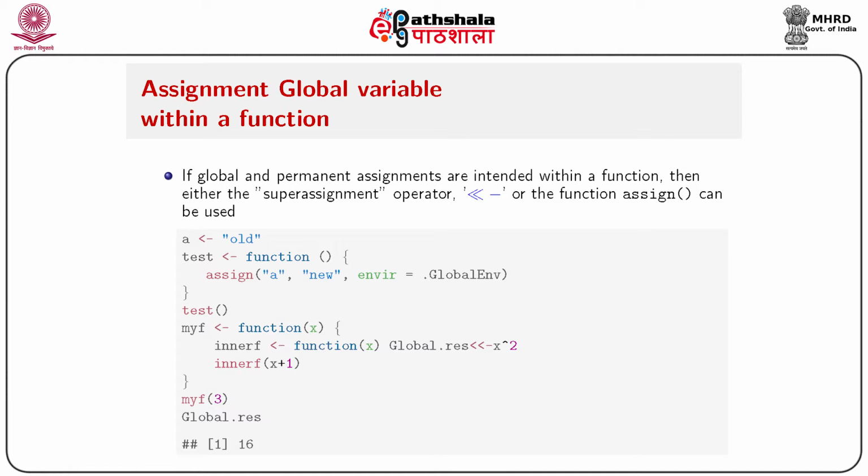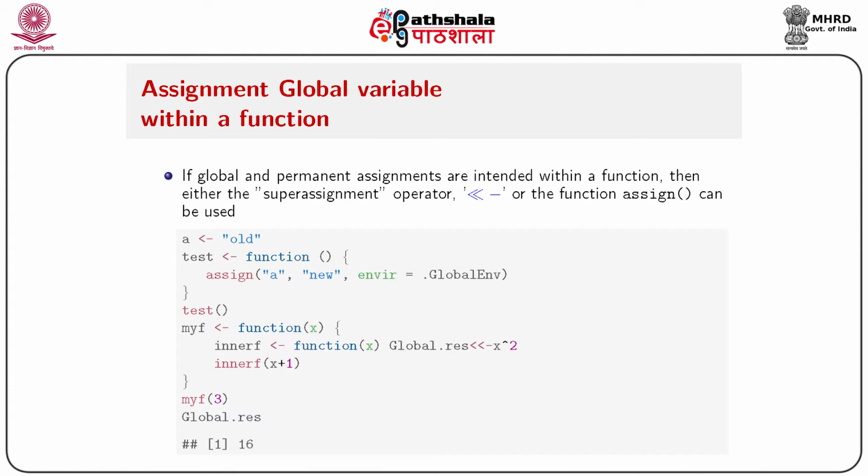Say a equals old test function, then assign a new environment, which is dot globe env, then test call. And then another function that I am defining, my f function x, then inner f equals function x globe dot res.